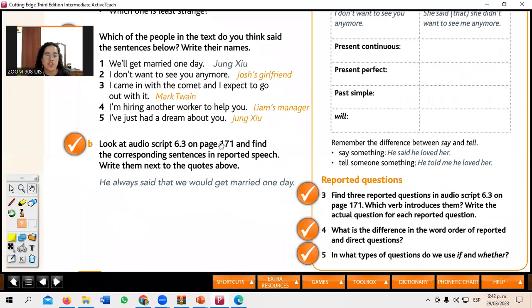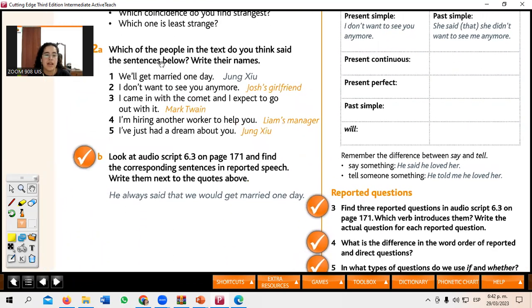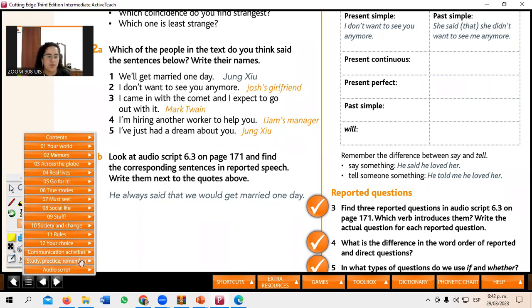So you're going to check the script on page 171 and find the corresponding sentences, these sentences in reported speech, okay? In the text. As I told you in the example, the first, this is the reported speech. He always said that we would get married one day. So please go to your books on page 171.